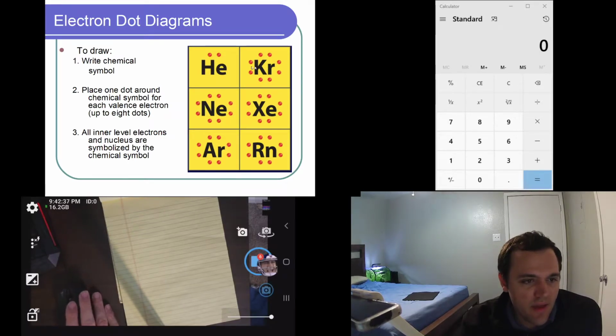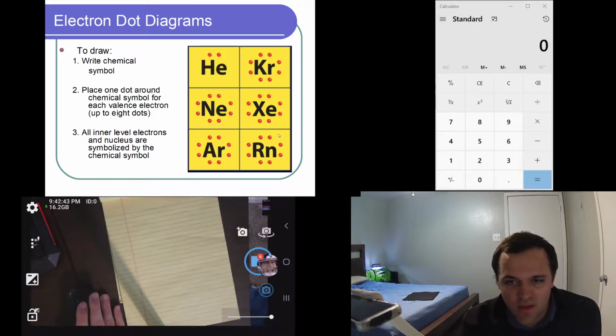So here you can see they have all of the noble gases: helium, krypton, neon, xenon, argon, radon, all those guys that are on that far right column of the periodic table. And these all have 8 dots around them because they all have that full outer orbital with 8 valence electrons. Right, so you'll see when we do some other elements that they're going to have different patterns of dots because they have different numbers of valence electrons.